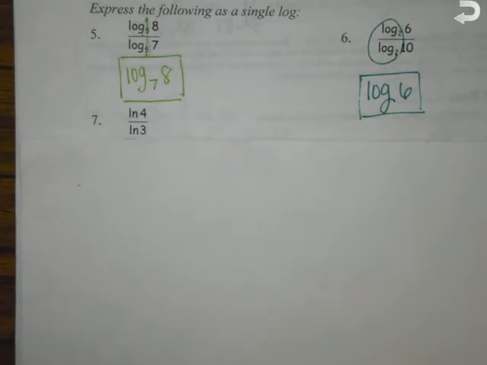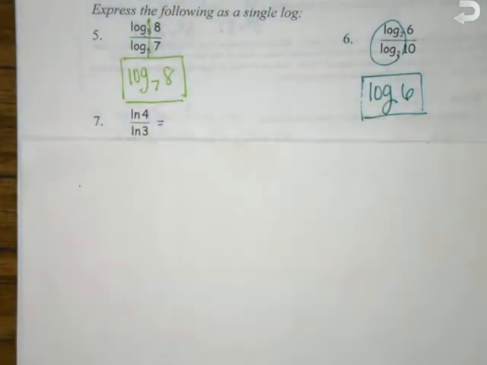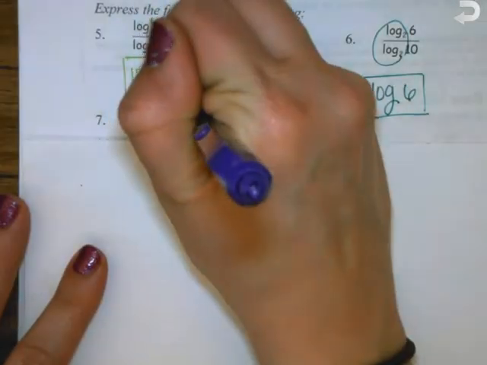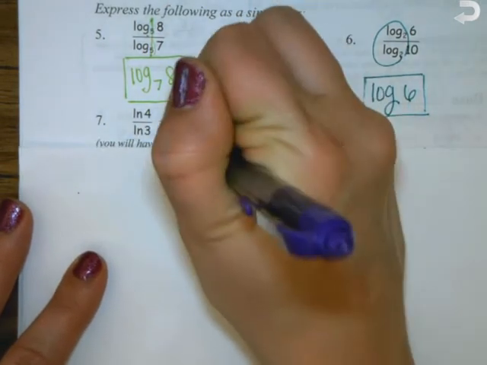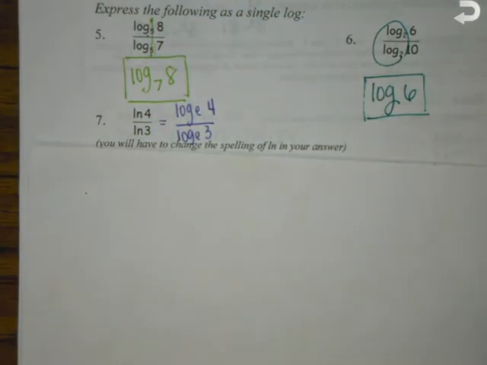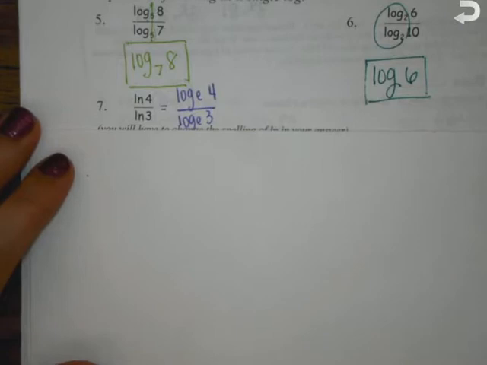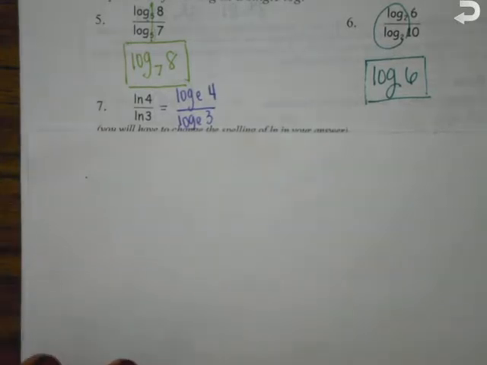What helps me is to first rewrite the natural log as a log base e. So rewrite this problem as log base e of 4 over log base e of 3. Okay? So that helps me also see that we have a base of e here. So if I were to rewrite this as a log, what would my original base have been? 3.